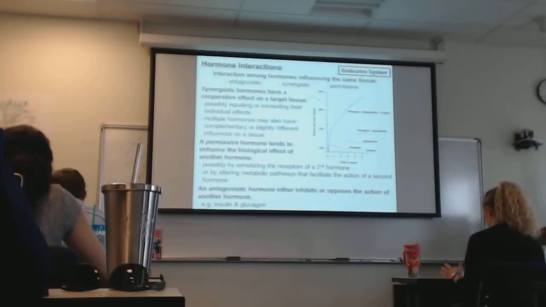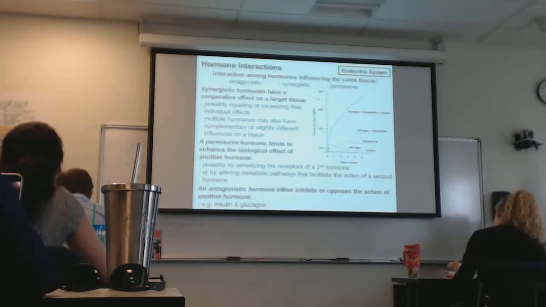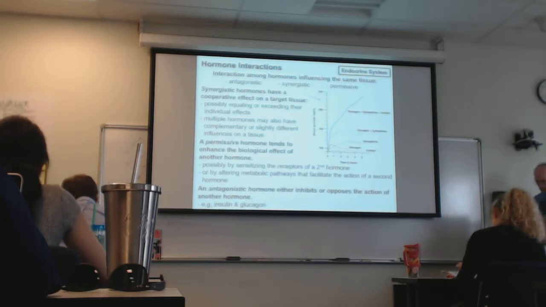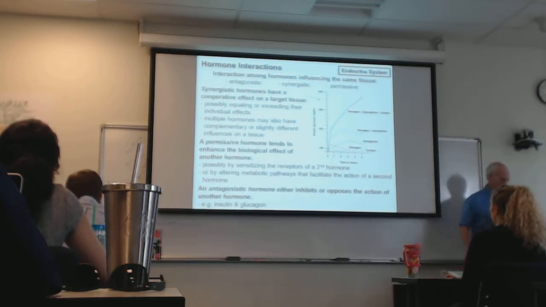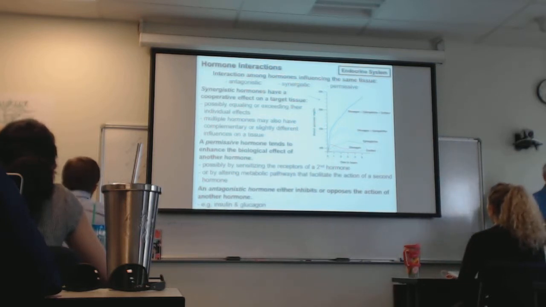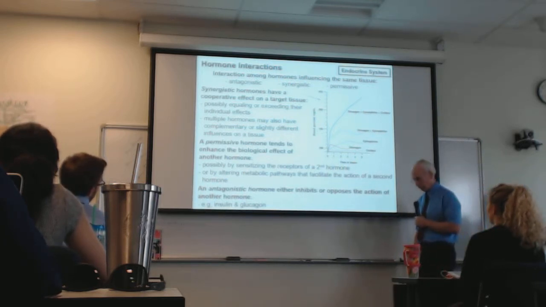These are the terms in this slide that we sometimes use to describe the relationship between various hormones. At the very least, be familiar with these general definitions: antagonistic, synergistic, and permissive. I think you can probably anticipate what we mean by antagonistic hormones. They simply have opposing physiological effects. For example, one hormone may increase the concentration of calcium in the blood.